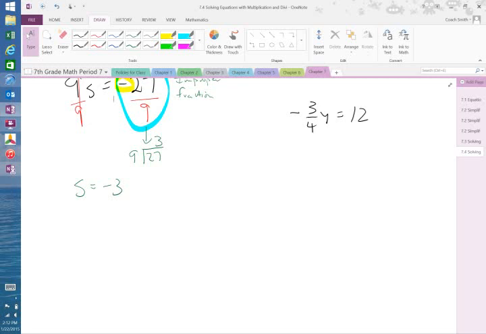Okay. So, S equal -3. Now, if we look at the other equation, -3/4 y equal 12. You need to write this down, what I'm fixing to put down.